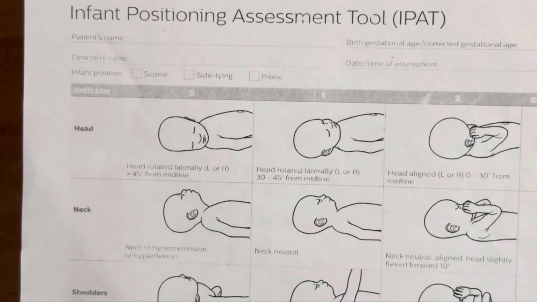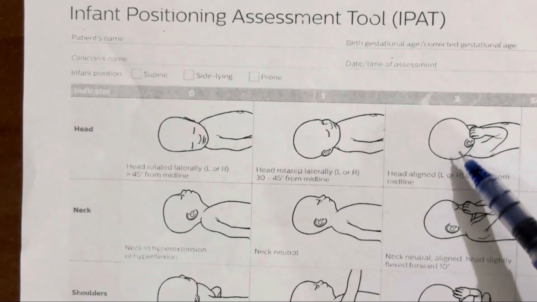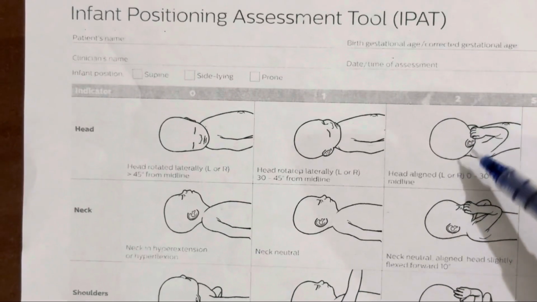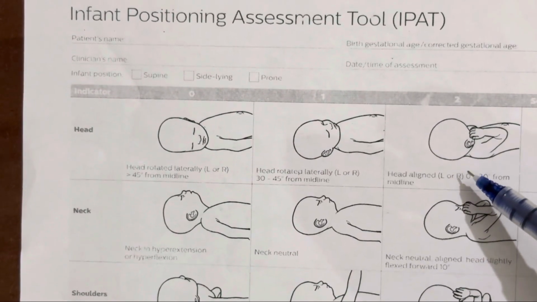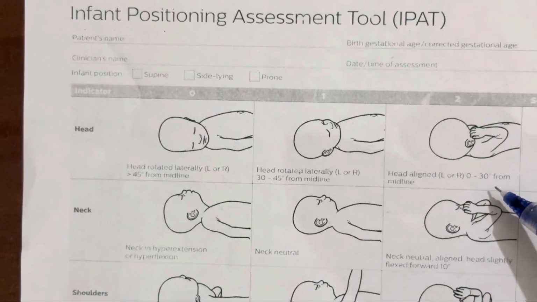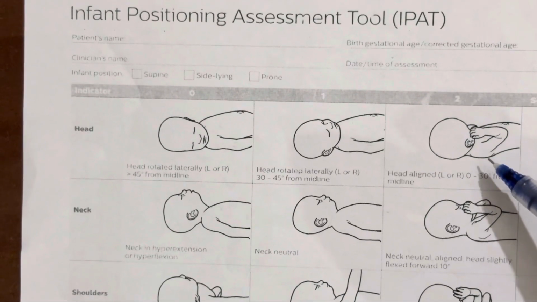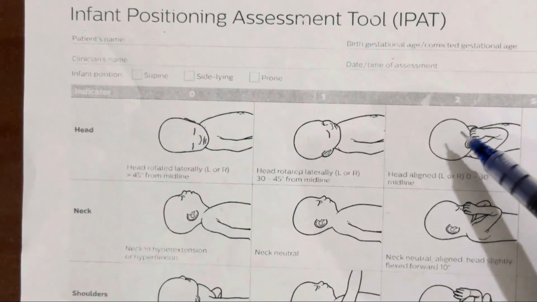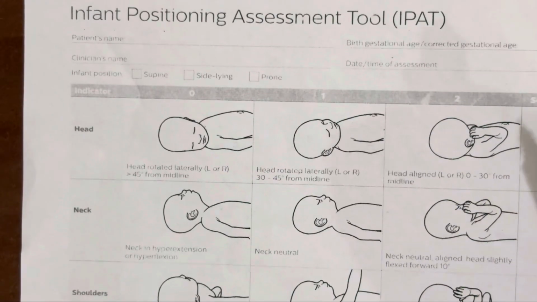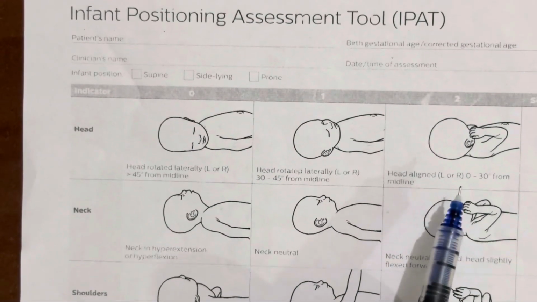So the degree of tilt of the head is from 0 to 30 degrees, and you have to give the score 2.